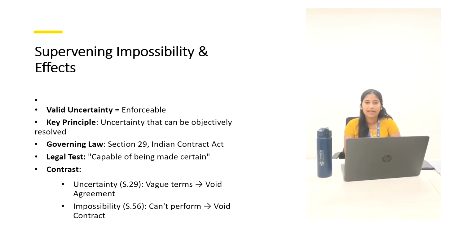But if someone agrees to sell goods at a fair price without explaining what fair means, the agreement is uncertain or void. In both cases, the result is that the contract or agreement becomes void, but for different reasons.